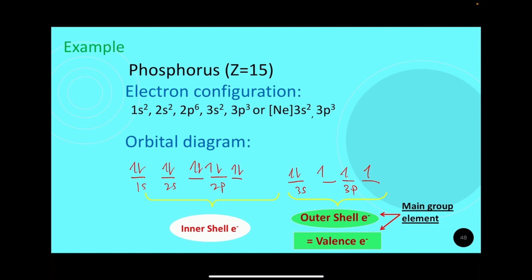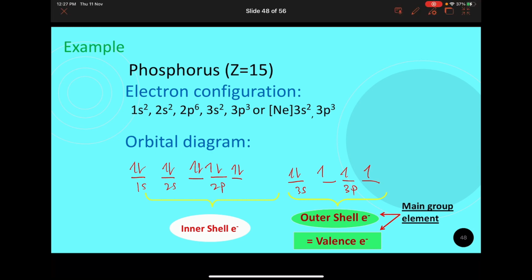Okay, for 1s, 2s, 2p, since it is inner, the electrons that fill up in the orbital are the inner shell electrons. And for the 3s, 3p, since it is outer shell, the electrons that fill up in the 3s and 3p orbitals, we call it as outer shell electrons. Since the phosphorus is located in the main groups, which is the non-metal, as I said, the valence electron for the main groups is equal to the number of outer shell electrons.